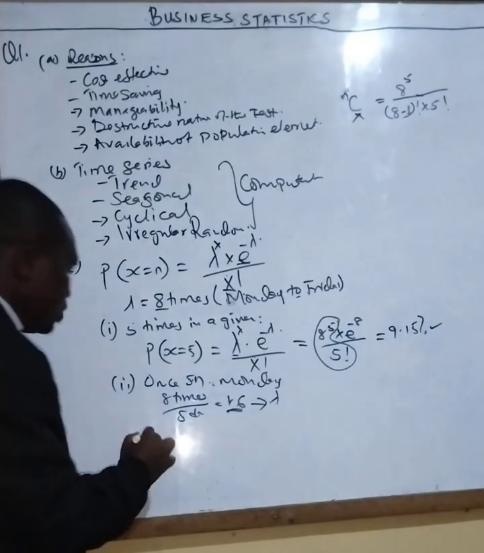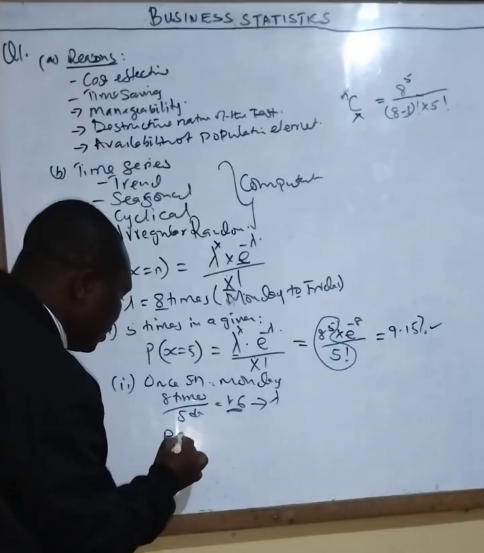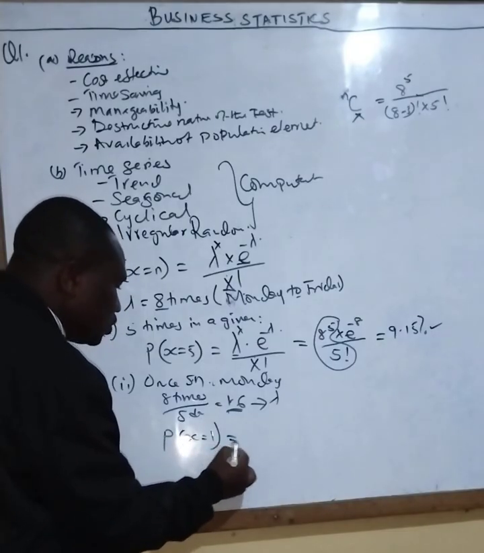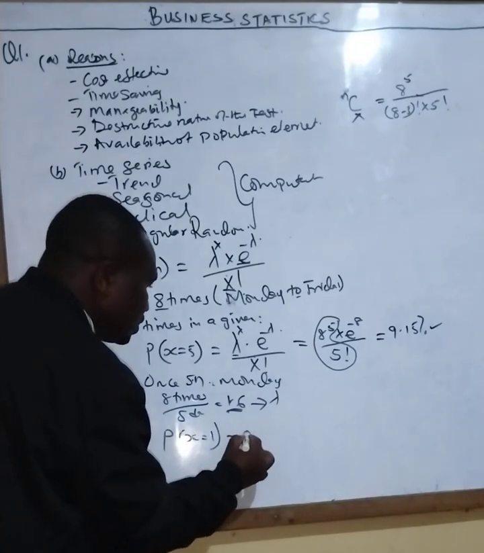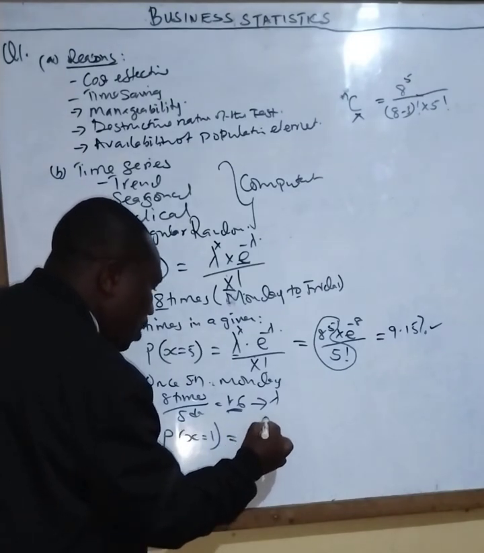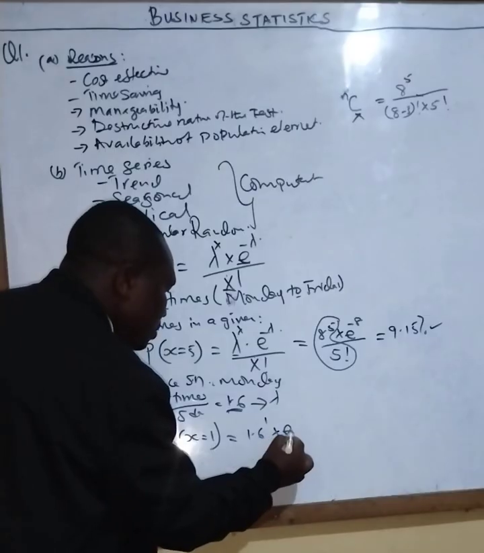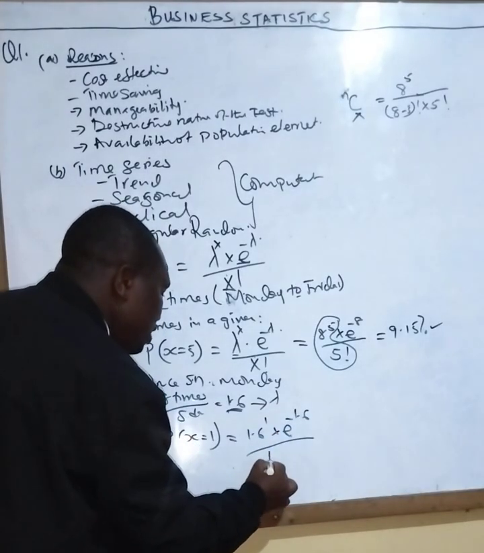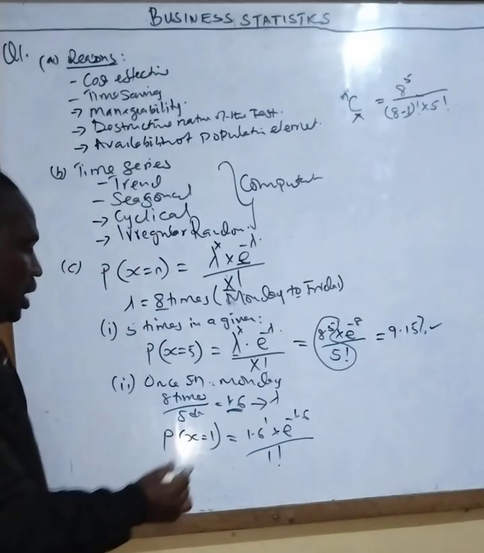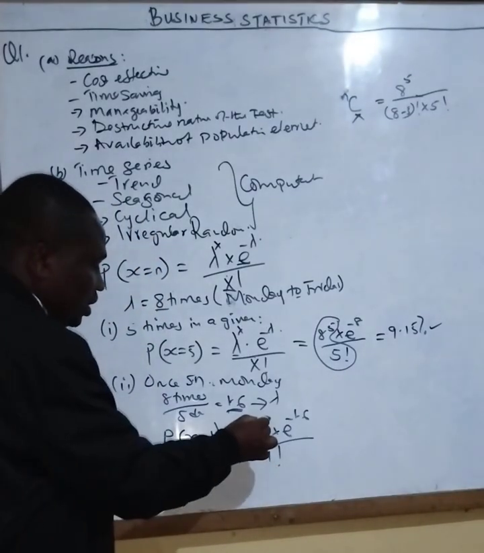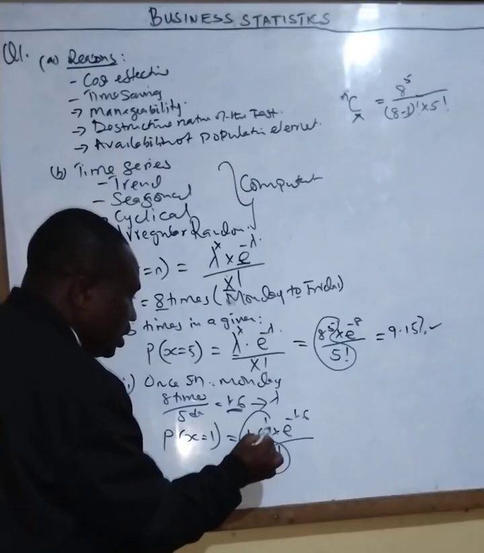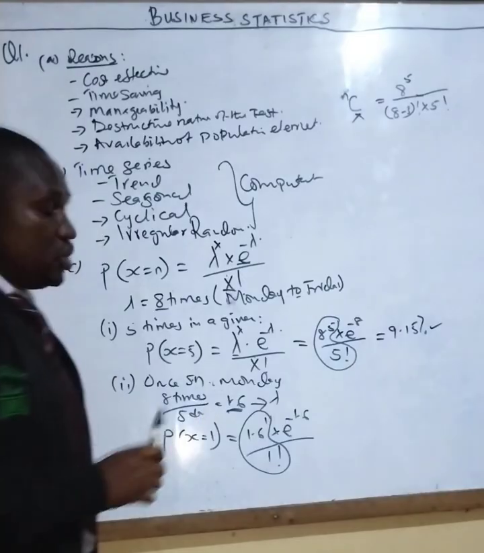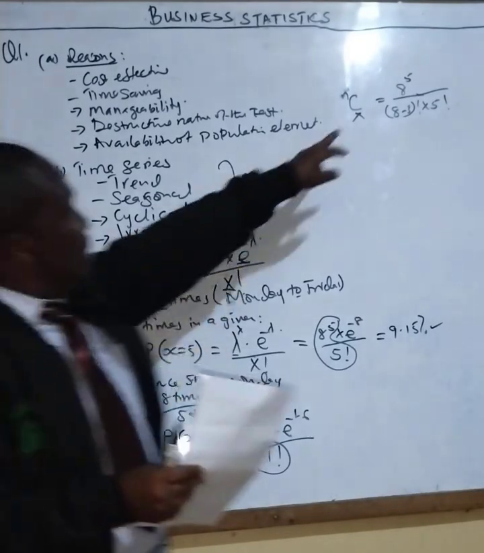So therefore, you now come and say, okay, the probability that x equals 1 is, in this case, 1.6 power 1 times e power negative 1.6 over 1 permutation. Remember, I've explained that this one here is calculated like this in your computation. So you just press your calculator like that.